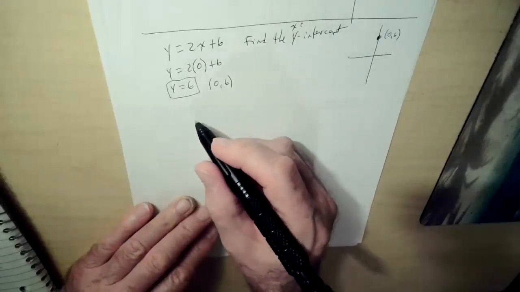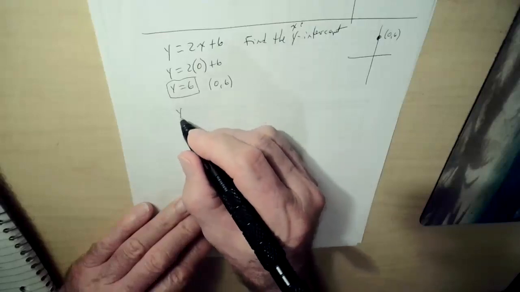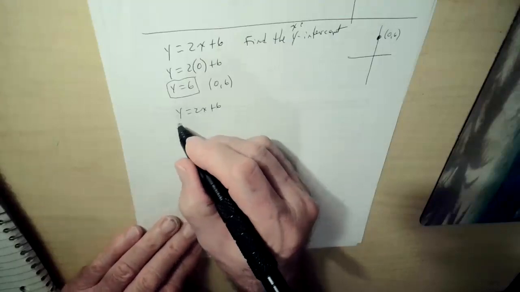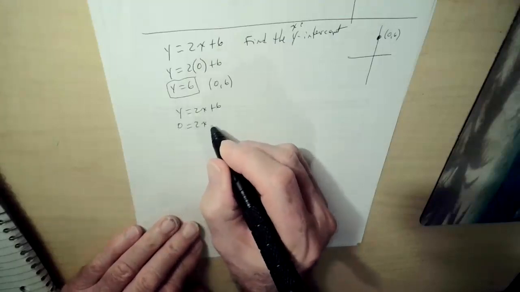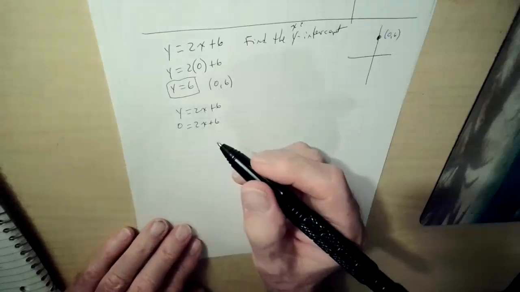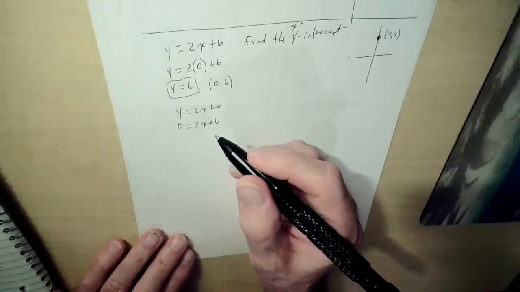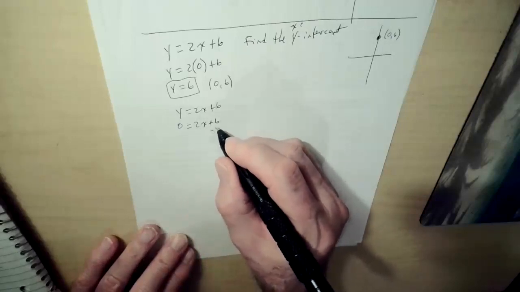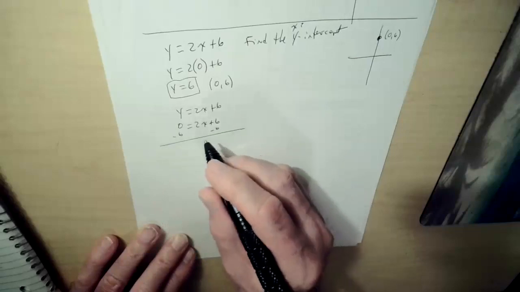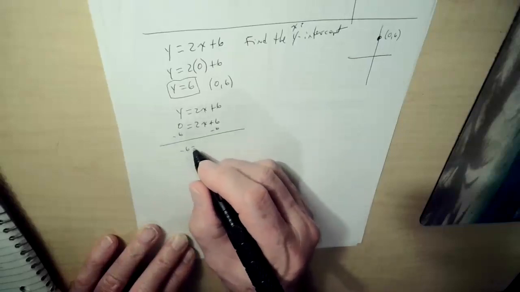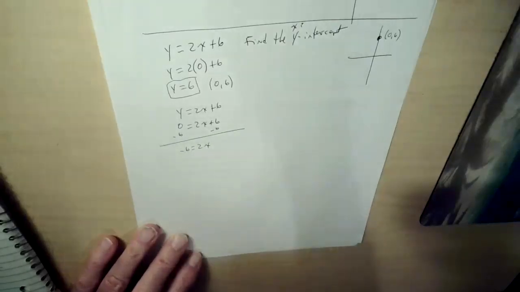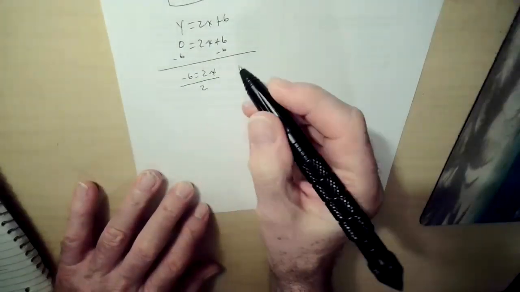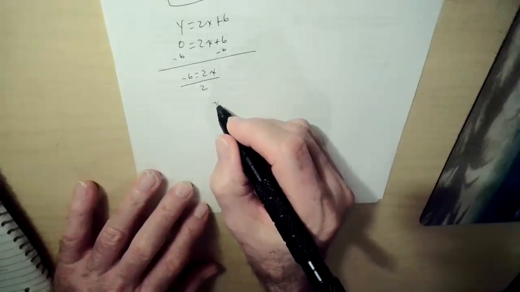Now to find the x-intercept, we set y equal to 0. y equals 2x plus 6, with y set to 0. Now we subtract 6 from each side, and we get negative 6 equals 2x. Real simple algebra.